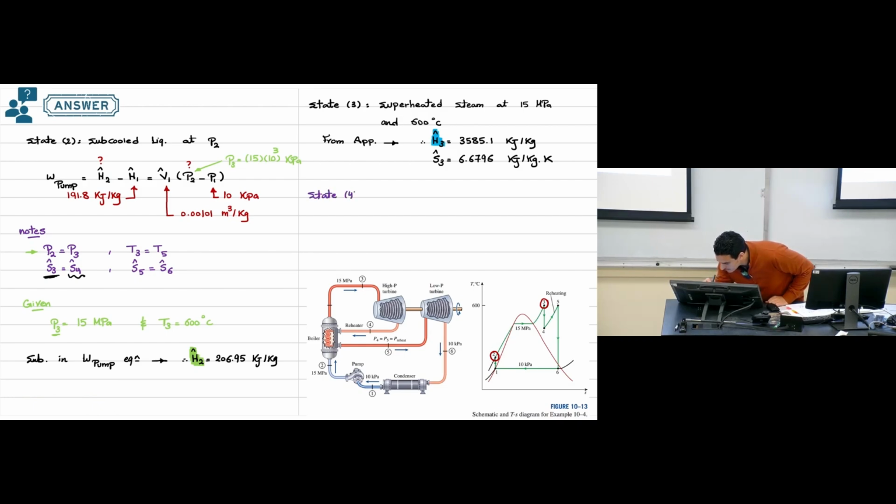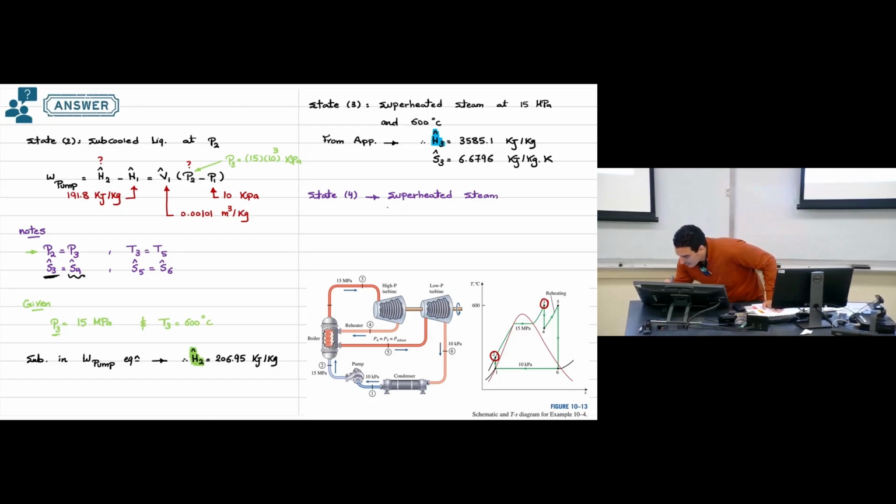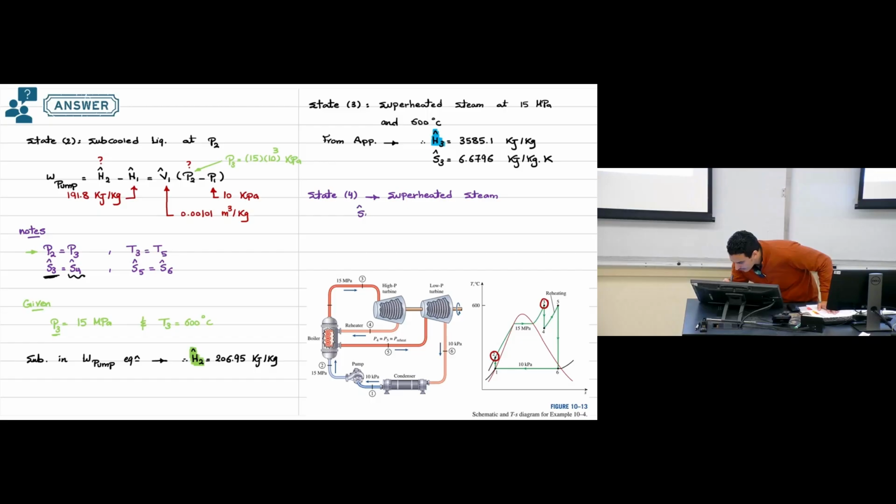This one is superheated steam. What I know at this point is that the entropy at point number 4 equals entropy at point number 3, which equals 6.6796 kilojoule per kilogram Kelvin.